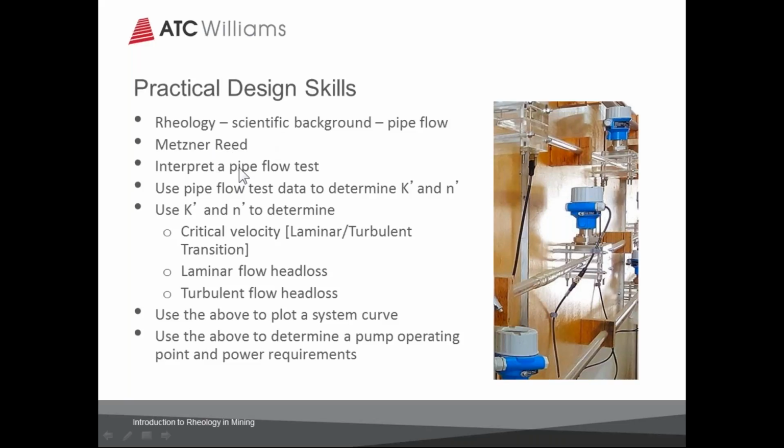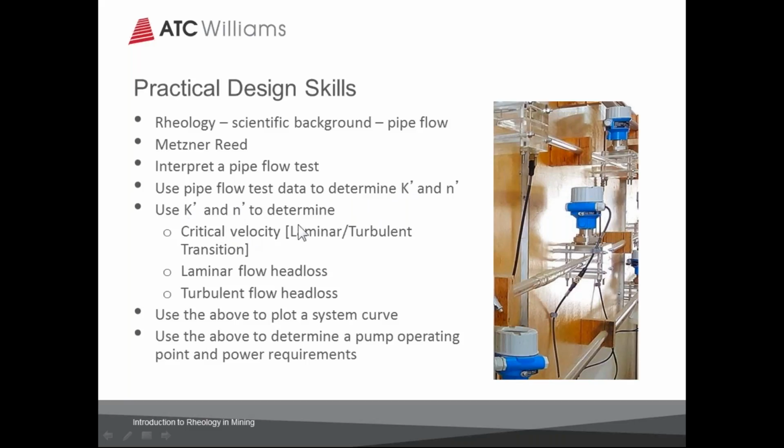Now, what Metzner and Reed did was develop a process for interpreting a pipe flow test. They would use this approach to determine two rheological constants, K prime and N prime, and then use them to determine the critical velocity.